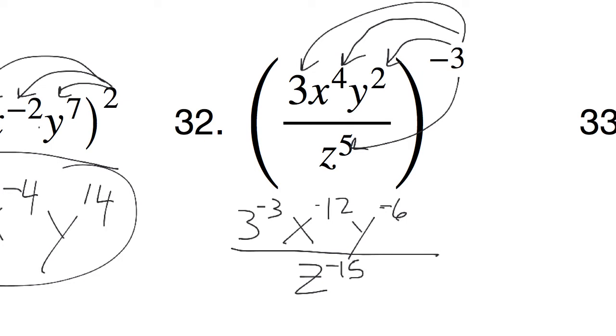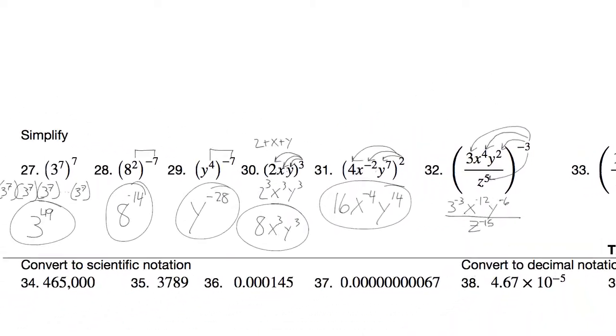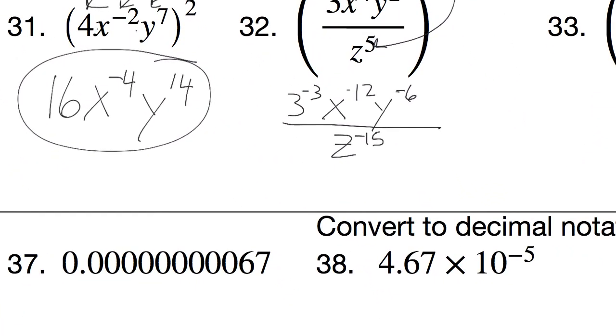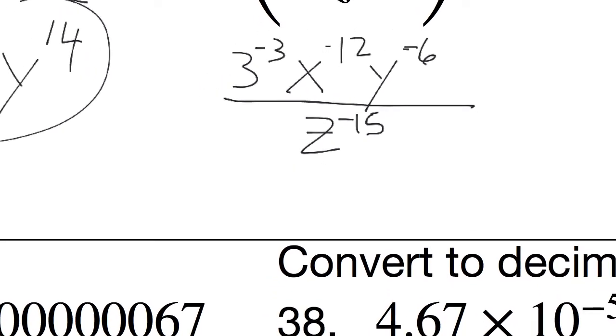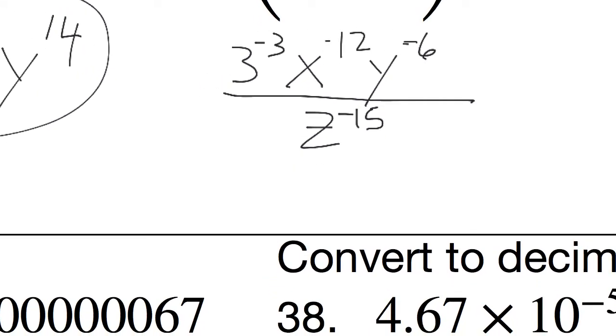Now, we can do some things here because it says simplify. So, in a fraction, one way to simplify things is to change them as much as you possibly can to positive exponents.